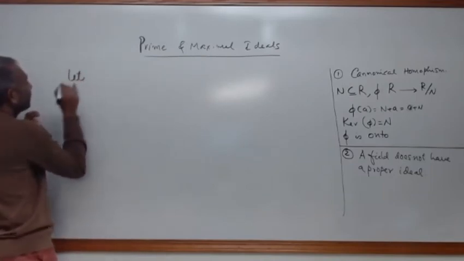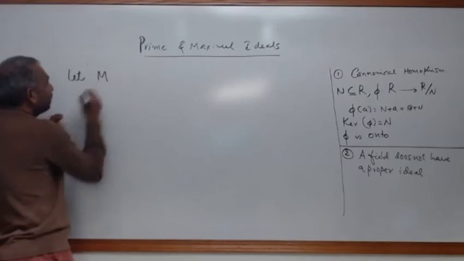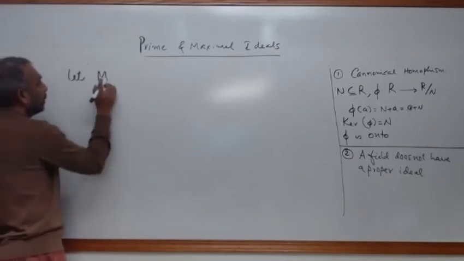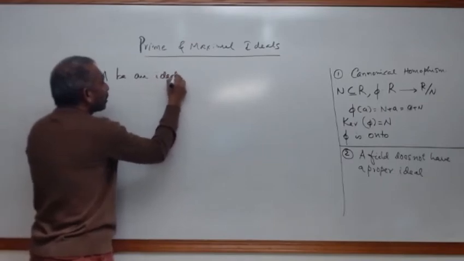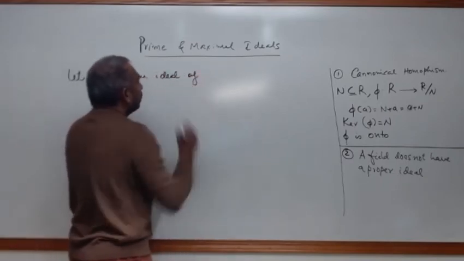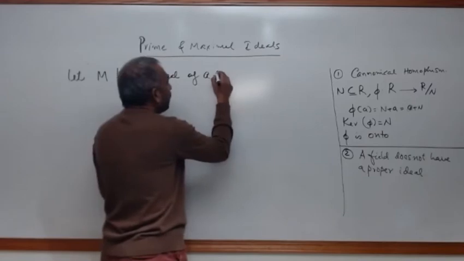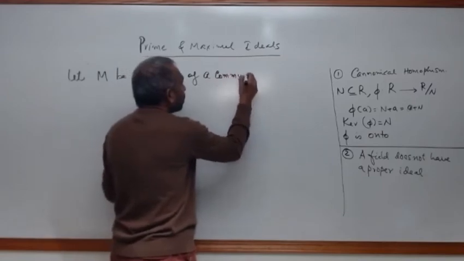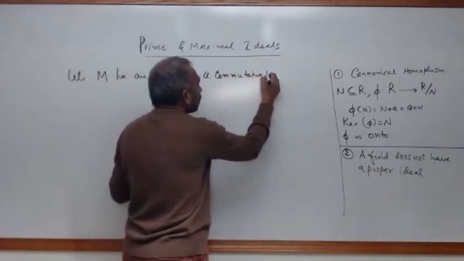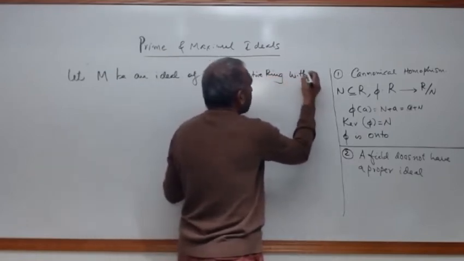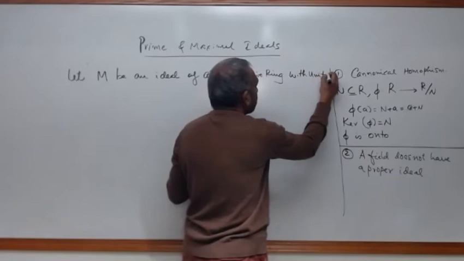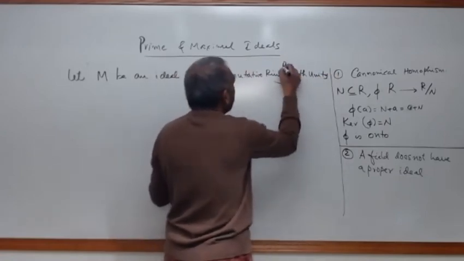Let M be an ideal of a commutative ring R with unity.